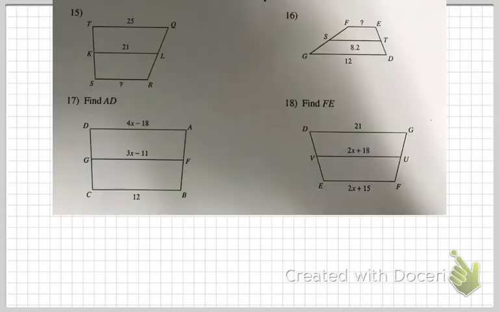Right, and now guys, just kind of looking at these top two, we're now given the mid-segment, we're asked to find another base. So that would be 21 equals 1/2 x plus 25. Now I would always pretty much recommend multiplying by the reciprocal here, so that way I don't have to divide x by 2. So I get 42 equals x plus 25.